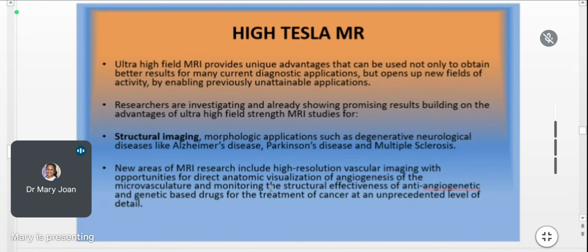Structural imaging, so morphological applications such as degenerative neurological diseases like Alzheimer's disease, Parkinson's disease, and multiple sclerosis. New areas of MRI research include high resolution vascular imaging with opportunities for direct anatomic visualization of angiogenesis of the microvasculature, and monitoring the structural effectiveness of anti-angiogenic and genetic-based drugs for the treatment of cancer at an unprecedented level of detail.